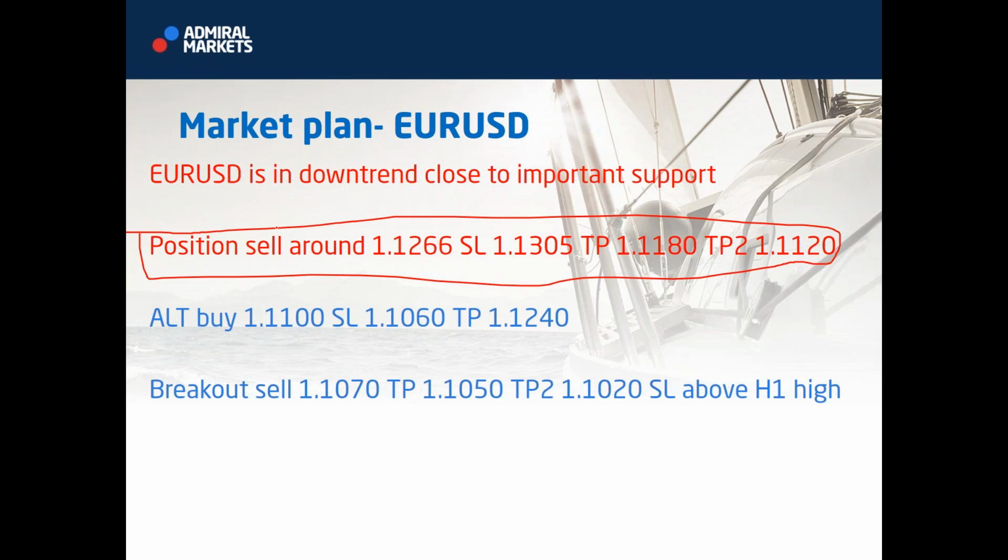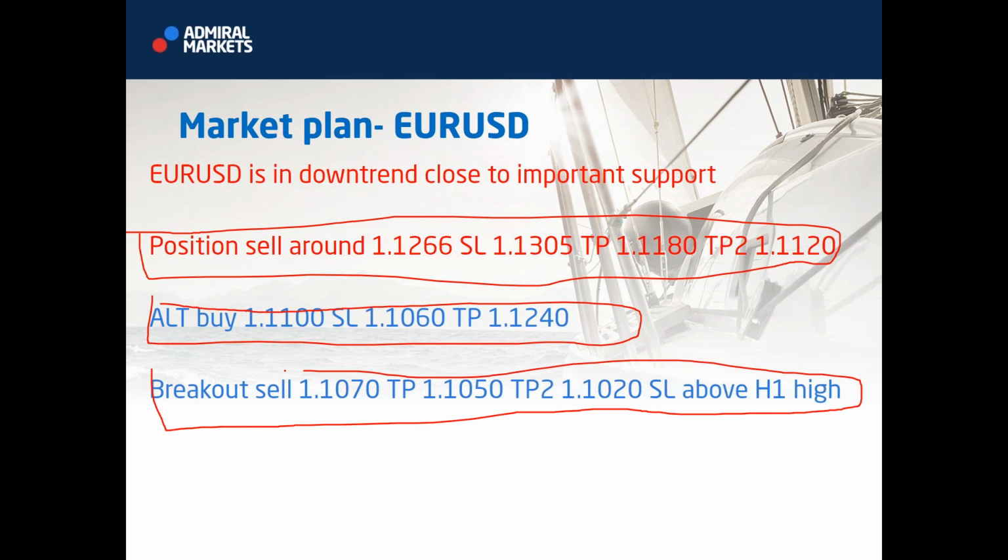No problem, guys. You will see the chart. You can see the slide. An alternative buy position is here. This can be a breakout sell, but you need to think about it, because this should be a fast scalp trade.